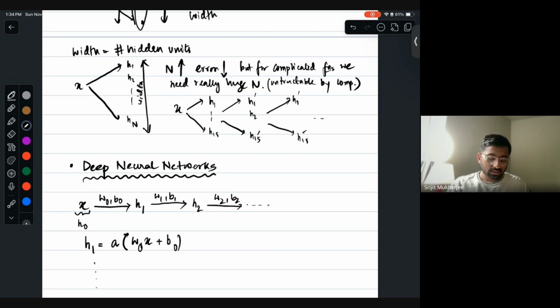The computer has no issue computing sequentially, but it has a lot of issues computing so many together at the same time. Smaller chunks but a large number of chunks is great because it's like a sequence. Once you do the linear step, you can forget the previous one and just focus on the next one. But here you cannot forget the previous one. You have to do it all together. So that's why it's an issue.